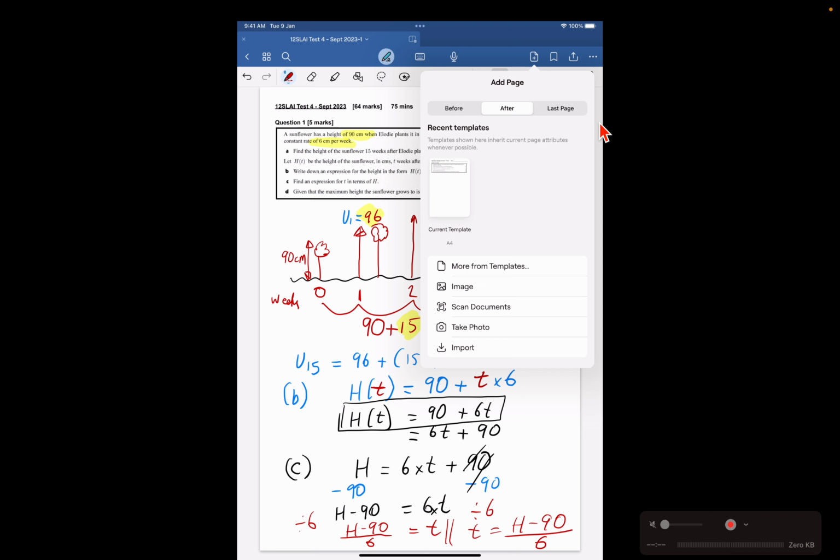We have h of t, the height, equals 90 plus 6t, but we want to replace the height with 300. So you just replace all of this. The height at a certain time is 300, so we've just got to solve 300 equals 90 plus 6t.